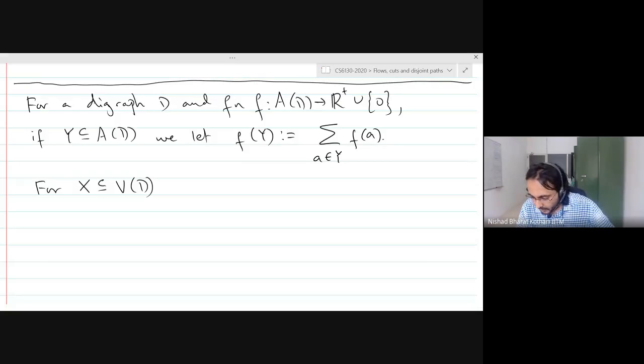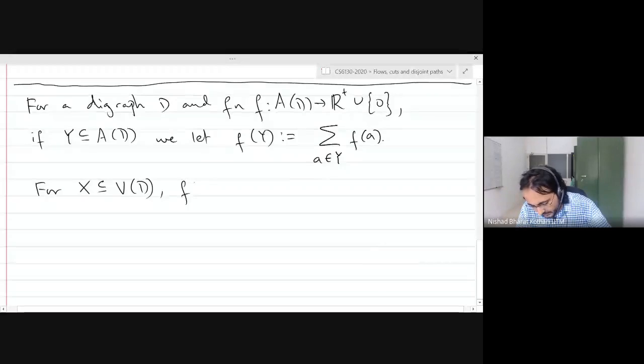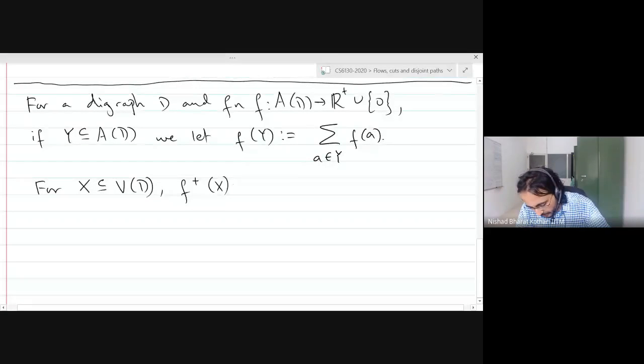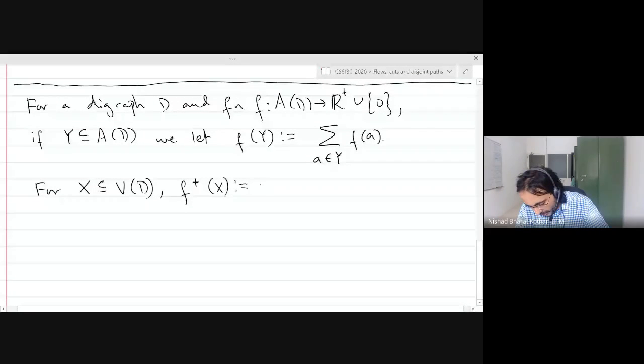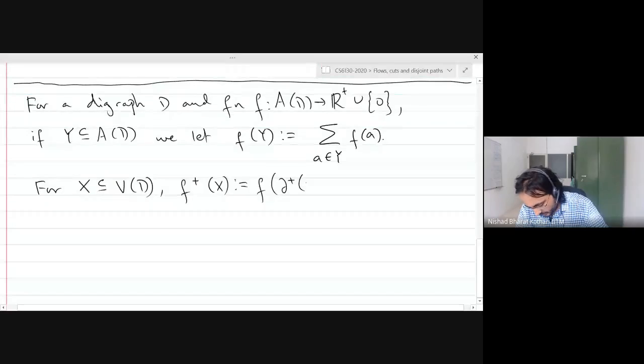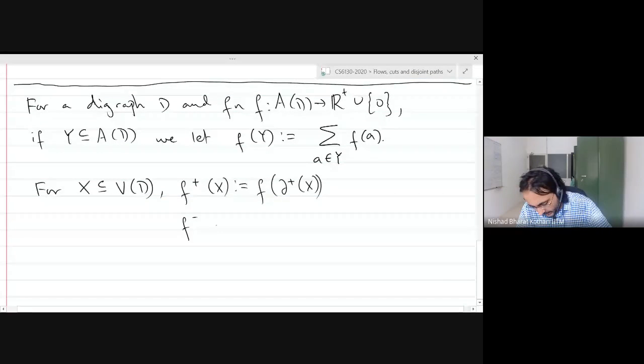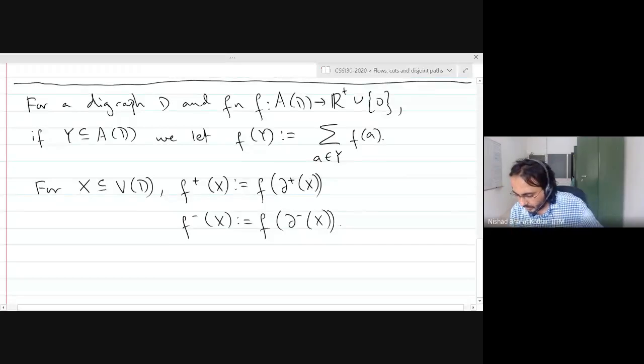So for a subset of the vertices, we will say f plus of x is equal to f of partial plus of x, and f minus of x is going to be f of partial minus of x. Okay, let's do some examples to understand what this means.